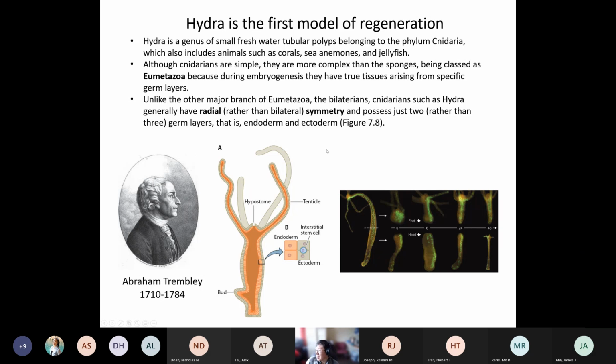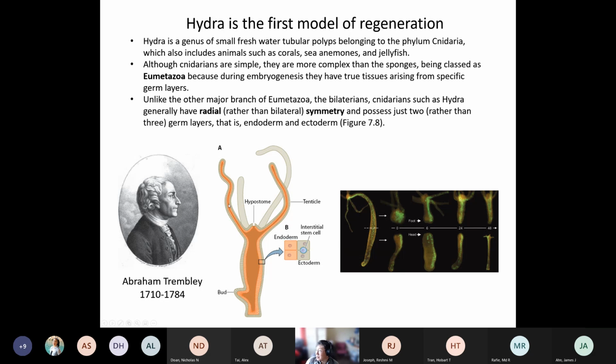And here is a section of the Hydra. The Hydra has a foot. The foot is usually anchored to some surface. If you culture the Hydra in a laboratory, you provide a surface, the Hydra will just attach by the foot to that surface. And then the floating part is called the head, or the hypostome. You have an opening. The food can get into the gastric part and then get digested.